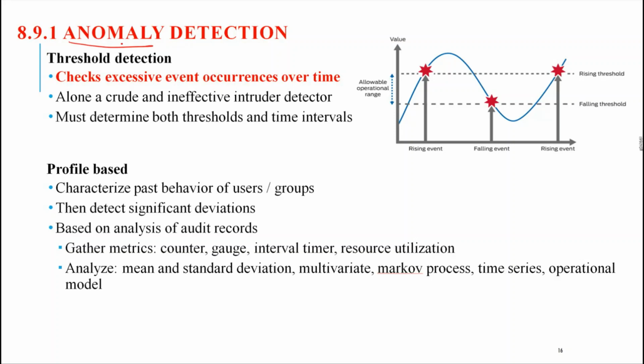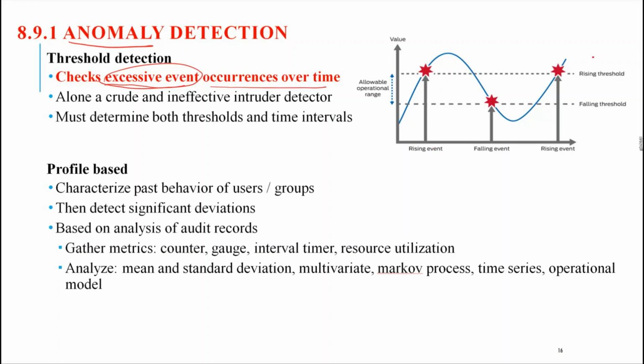So let us go for the first one, threshold detection. What does threshold detection mean? Here we check for excessive event occurrence over a particular time. Excessive means something which occurs more.